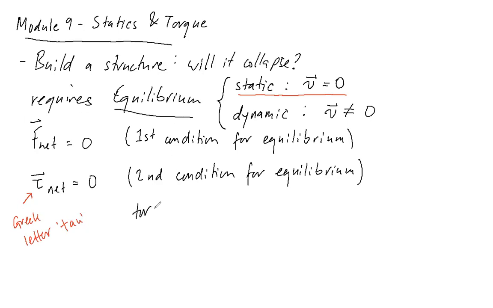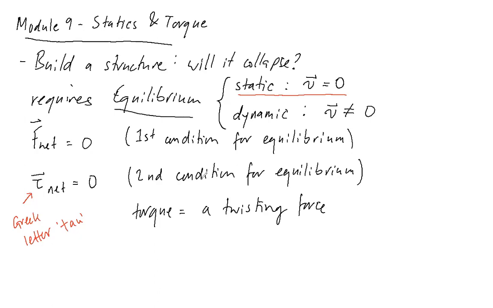Torque is a twisting force. If there's a net torque on an object when applied, it's going to make the object begin to pivot around, or spin around. It twists an object. For example, if you want to open the faucet so that the water comes out, you have to apply a torque.